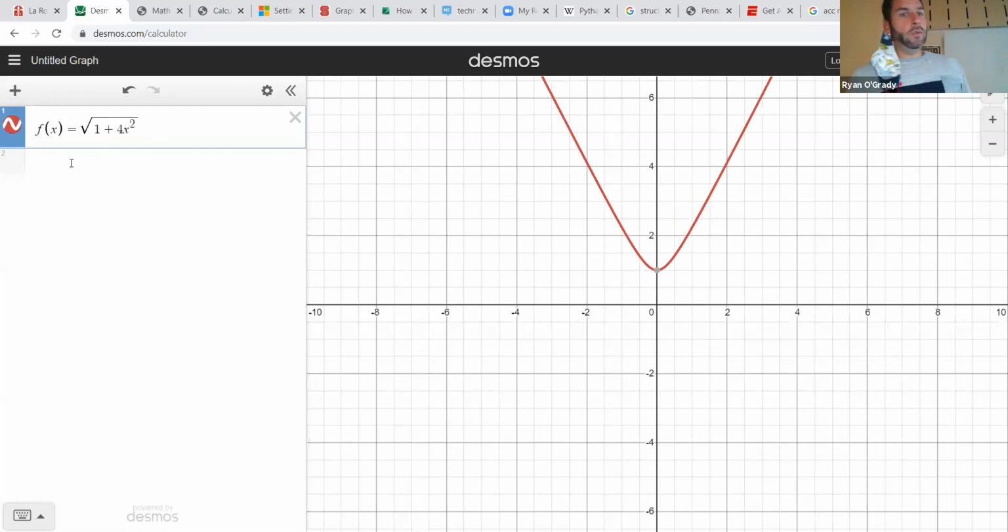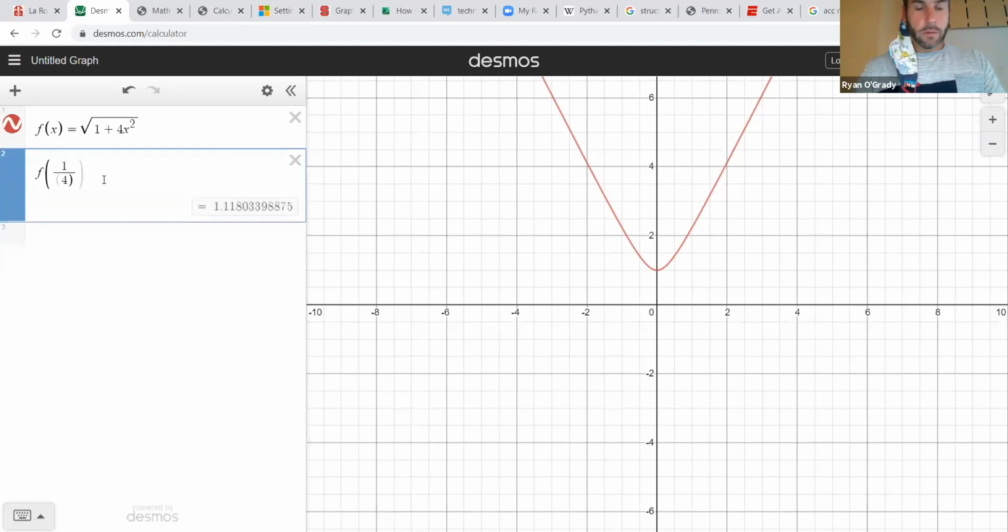So I want to add this up. I'm going to evaluate this at my 4 points. What are my 4 points? My 4 points are f evaluated at 1/4 plus f evaluated at 2/4 plus f evaluated at 3/4 plus f evaluated at 4/4.